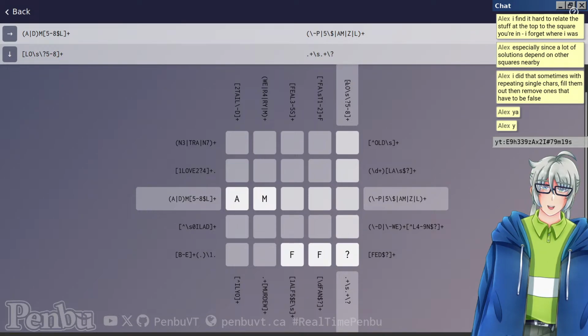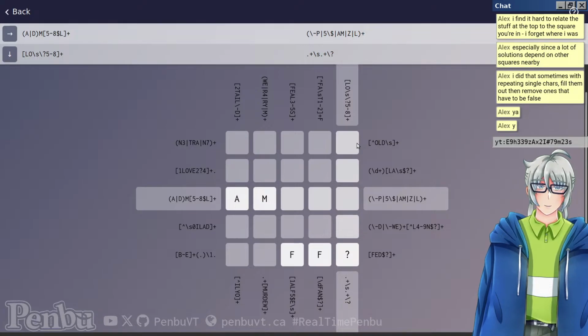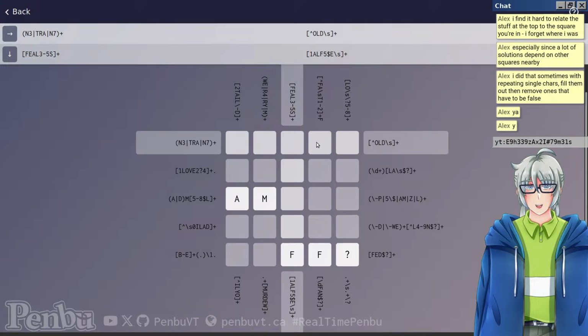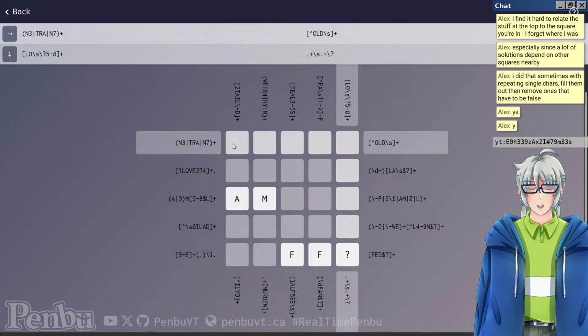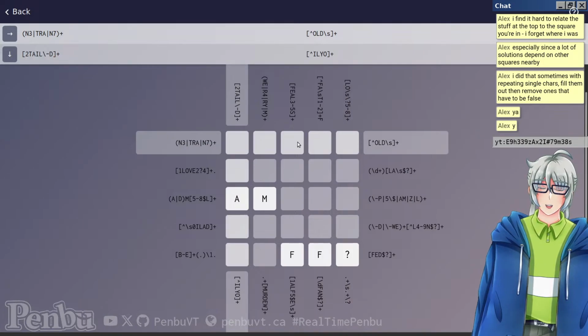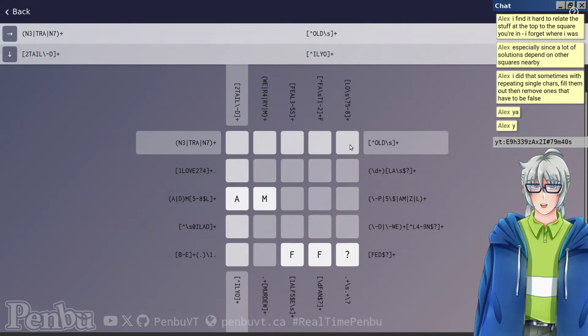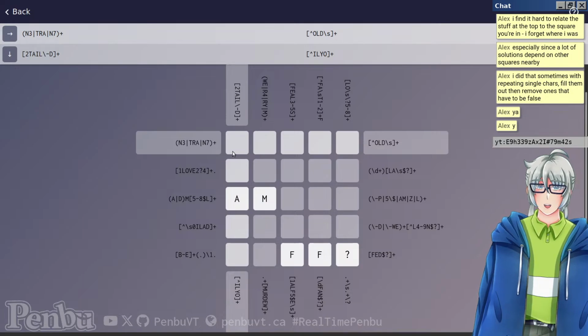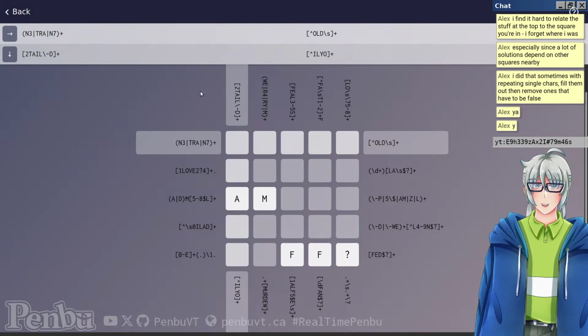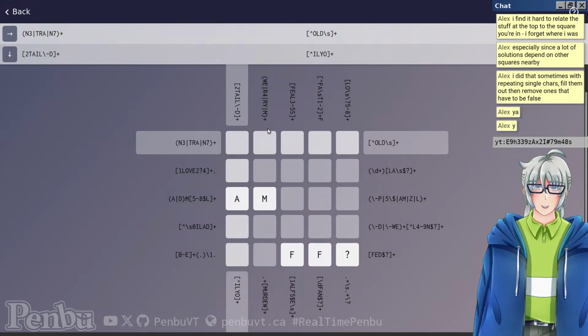L is within the set. Hold on. So anything that's not an L here. TRA. So we will need to have one of these, a TRA somewhere, and then an N7 or N3 somewhere as well. Let's find anything that overlaps with a T. And then from there we can figure out what starts.